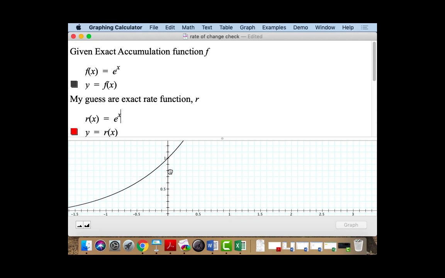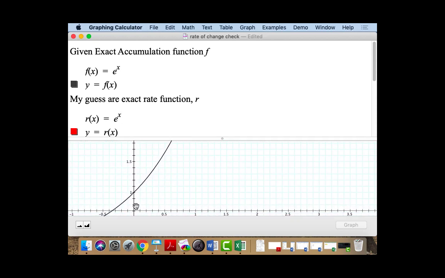If I were to go farther up the graph to where x equals 1/2, I don't really know the y value off the top of my head, but whatever the y value is, e to the 1/2 power, the rate of change, or visually the steepness of this, is the same number as the y value in this graph. So when these are superimposed on one another, they're exactly the same. The rate value and the dependent variable value of e to the x are the same.